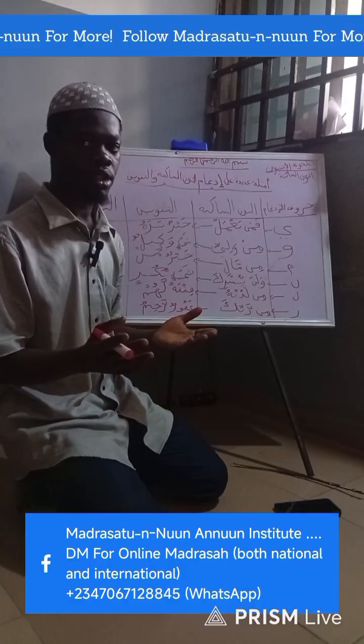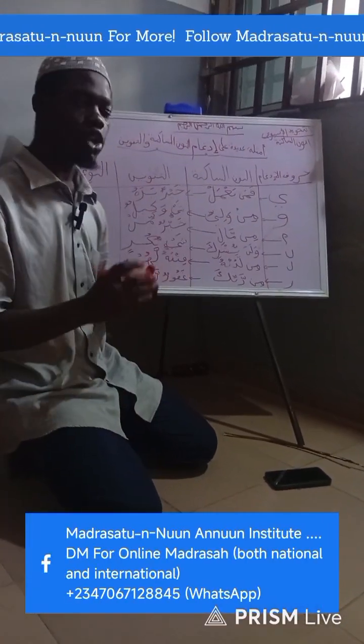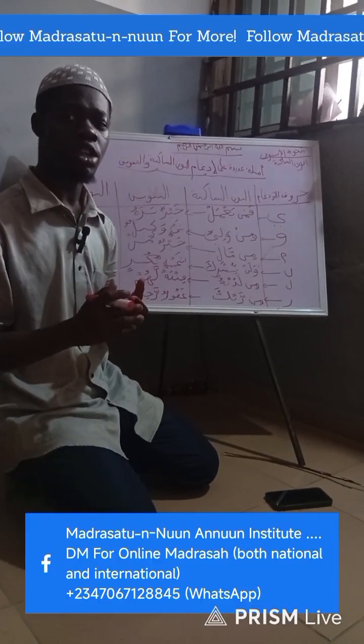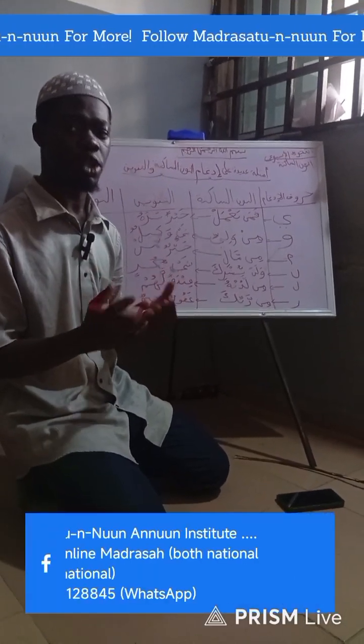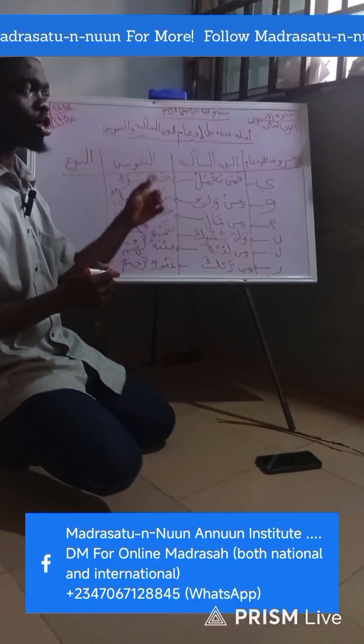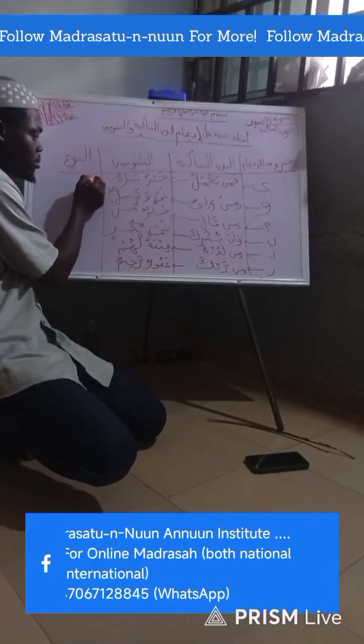No. So I will tell you the reason. Here, khayran يَعْمَلْ. It's wrong to say khayran يَعْمَلْ because you want to do idgham. Why? Because the kind of idgham here is called ghunna, bighunnati.